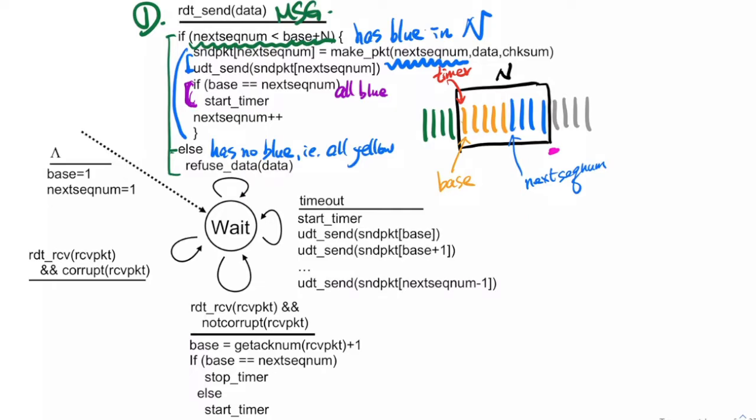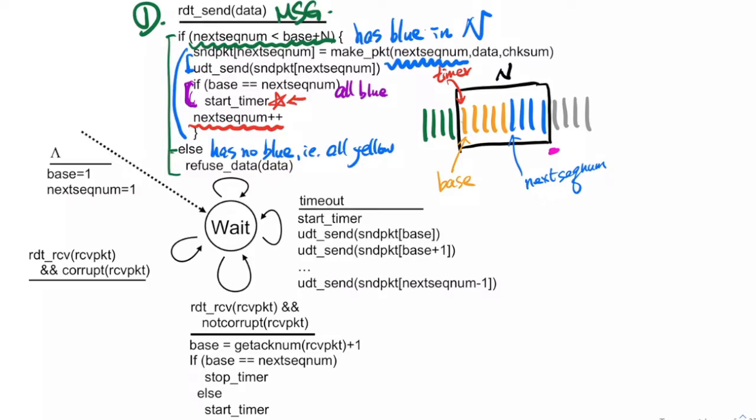All blue means I want to use the first blue segment to send this packet out. So I need to set up a timer right here for the first non-blue segment, because the next statement is that we add 1 to the next sequence number. So that means we have a first yellow segment, and for the first yellow segment we will start a timer.